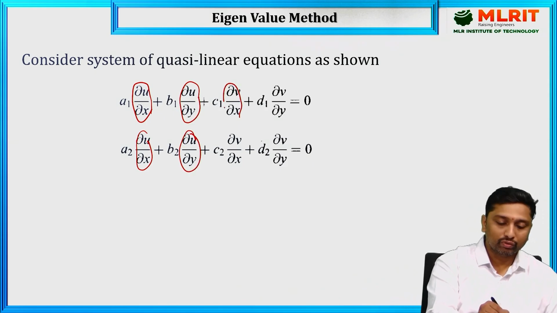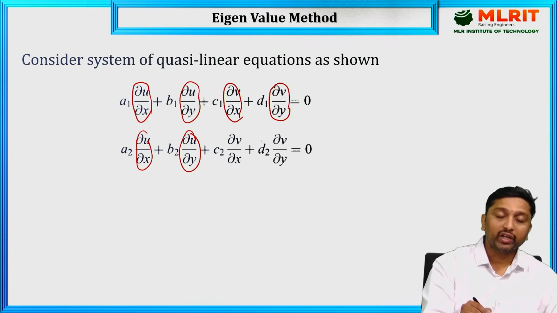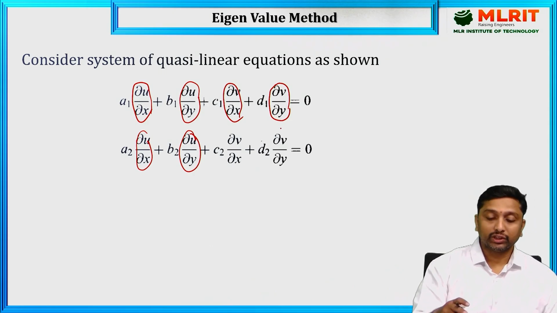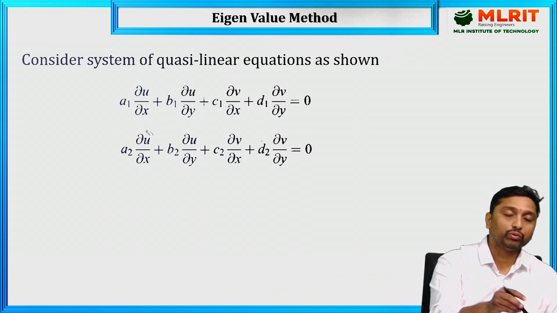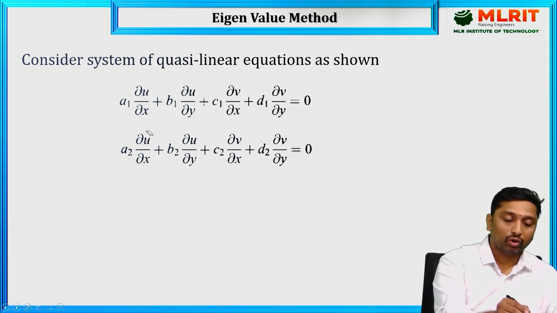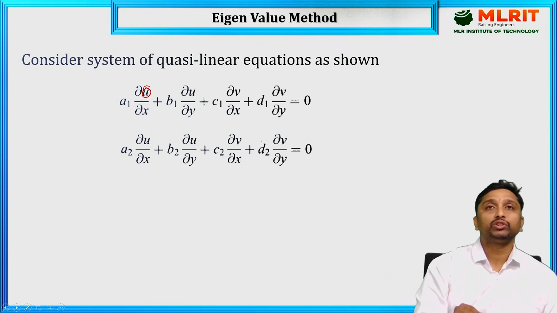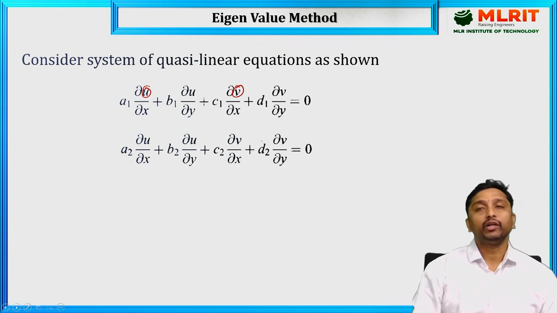Similarly, dou v by dou x and dou v by dou y terms are available in each equation. So what we try to do is use the existing variables u and v and represent them in matrix form.